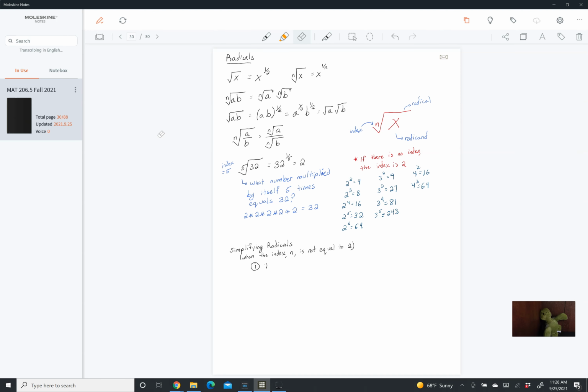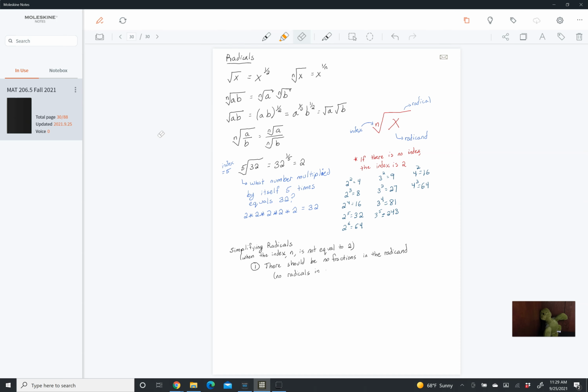So just like everything else that we've done, there are 2 things that you're checking for. There should be no fractions in the radicand. Only integers. And I'm going to include here no radicals in denominators.